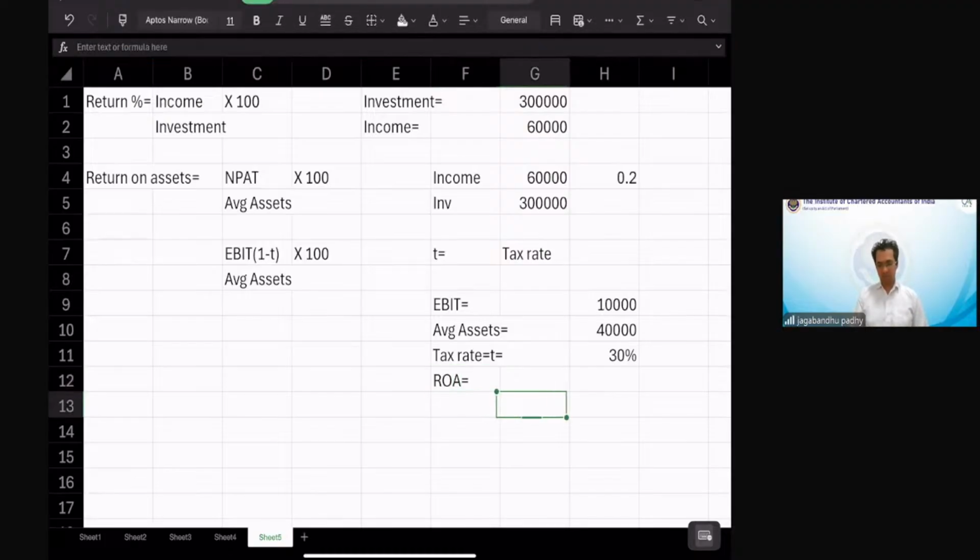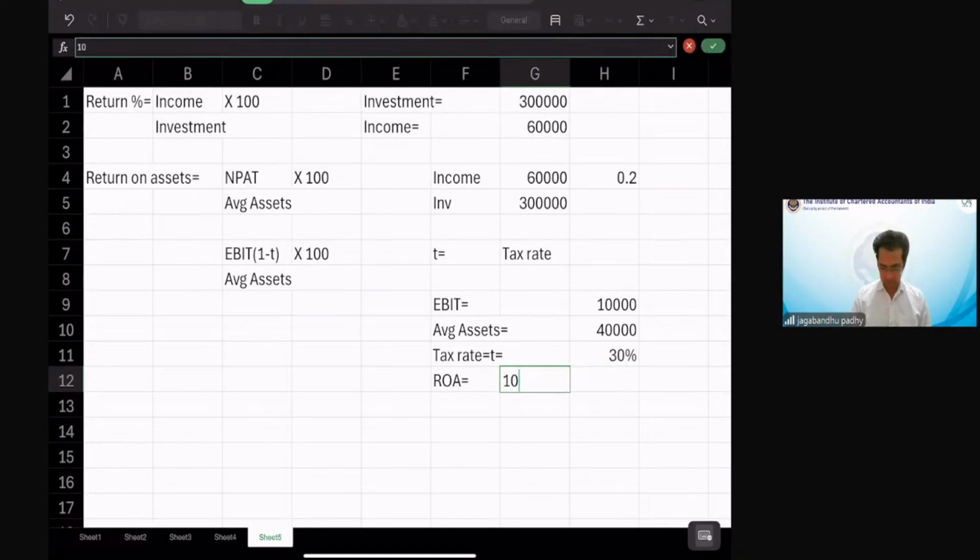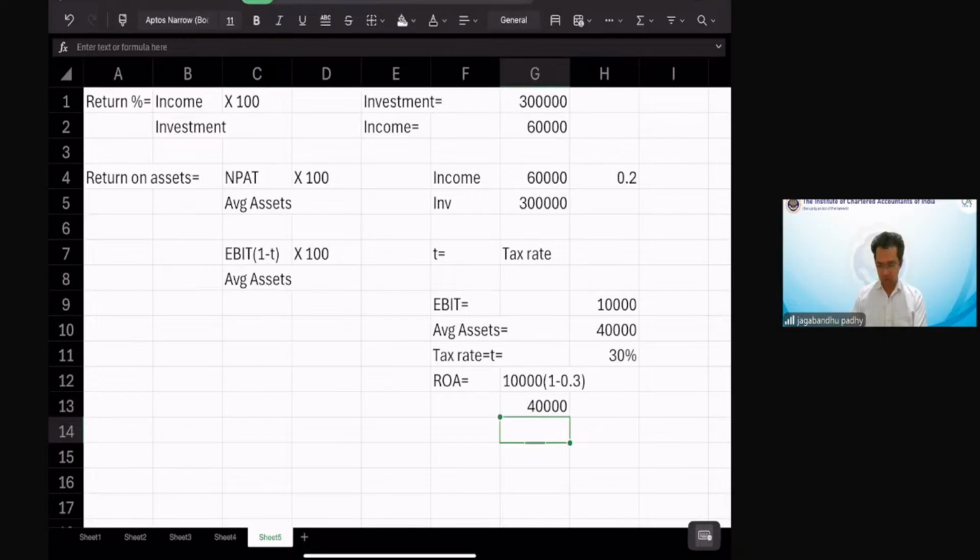What is return on assets? Return on assets will be like 10,000 into 1 minus 0.3 divided by 40,000.